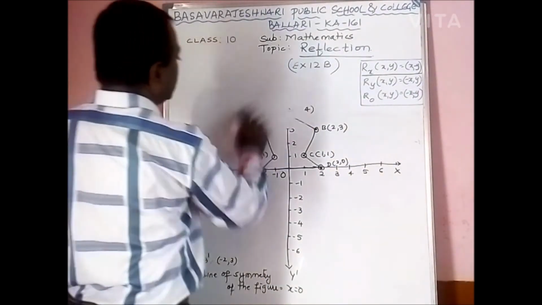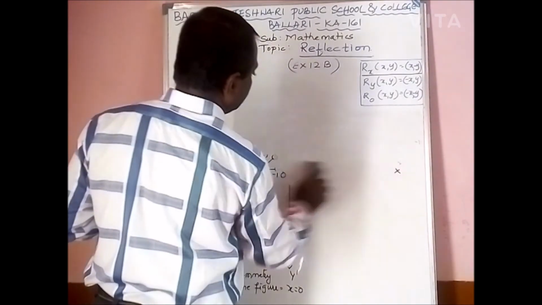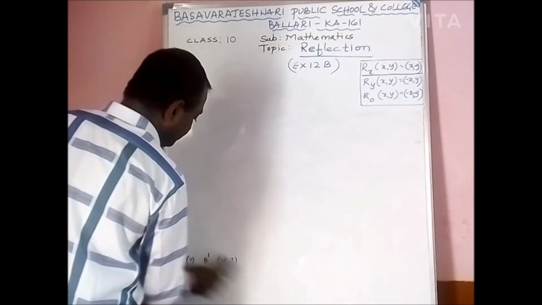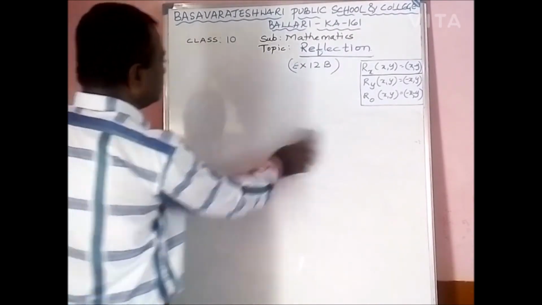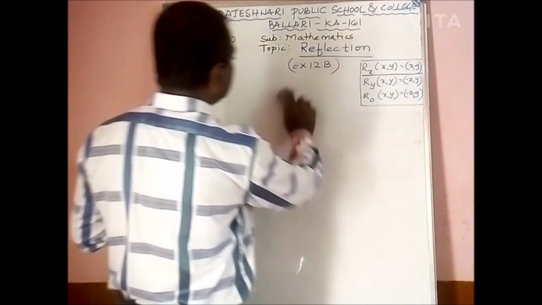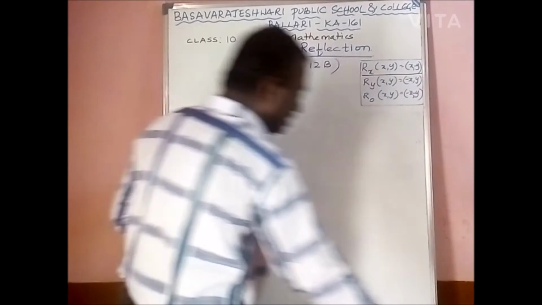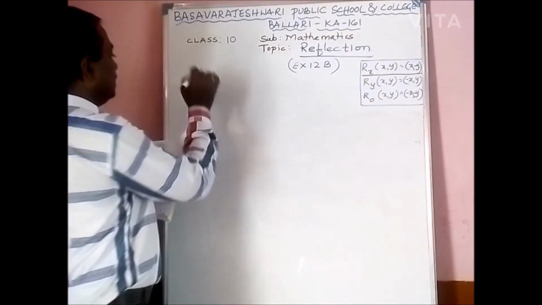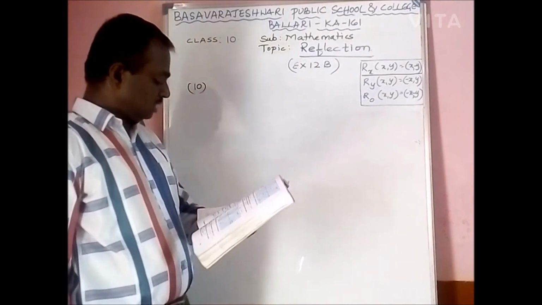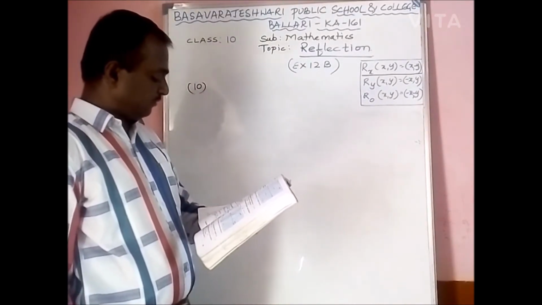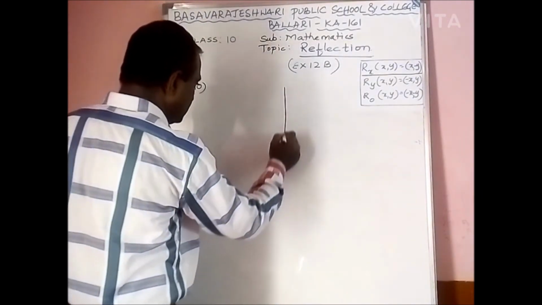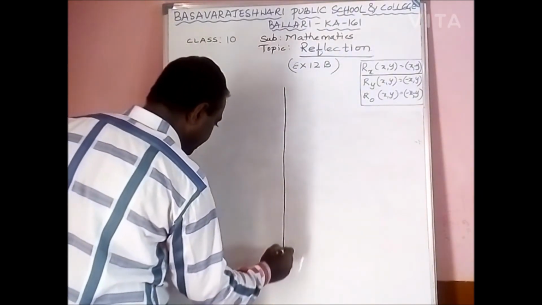Now we'll move on to question number 10. You have to read the question before doing the sums. Okay? Question number 10. So what does it say? Plot the points A (3, 2) and B (5, 4) on graph paper. So directly you take the graph sheet.